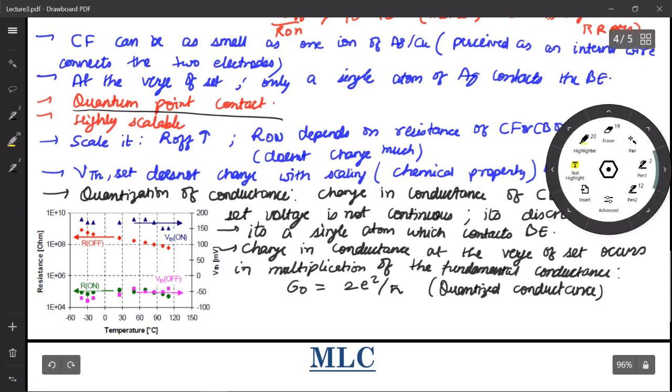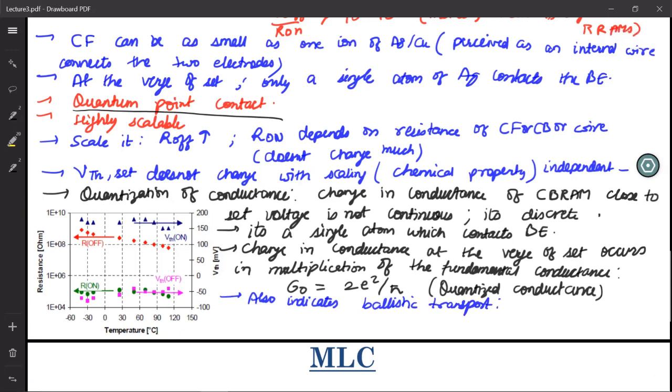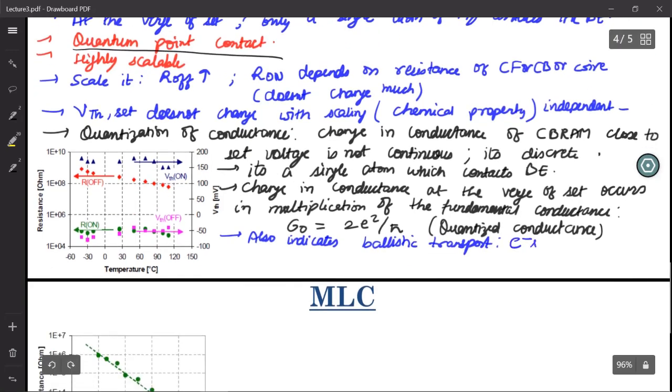Now, when you have only a single atom, this quantized conductance also indicates ballistic transport. So what exactly is ballistic transport? Ballistic transport means that electrons travel without encountering any scattering event.